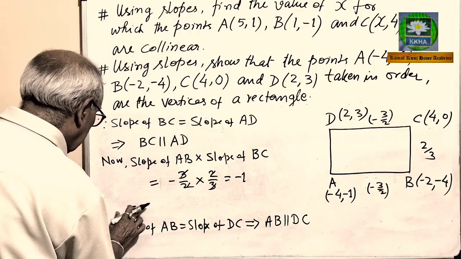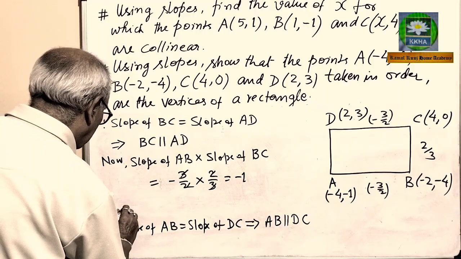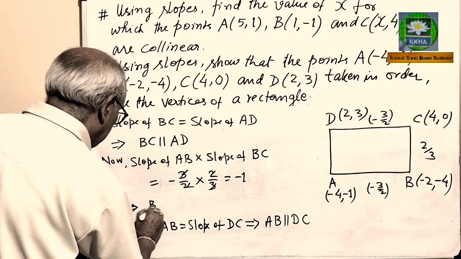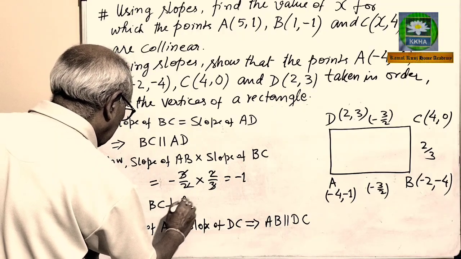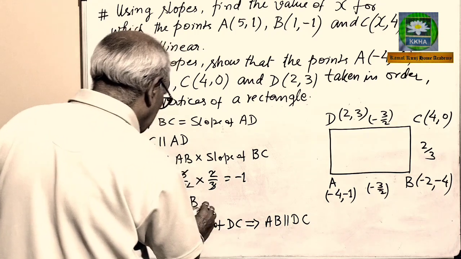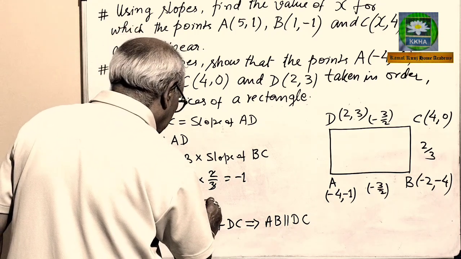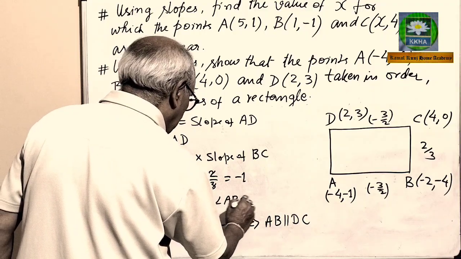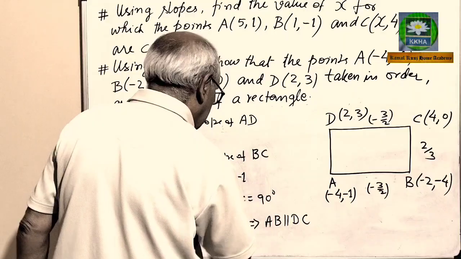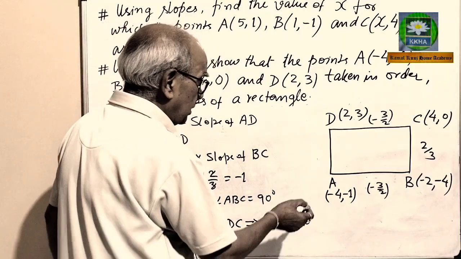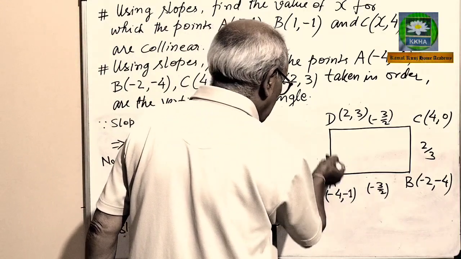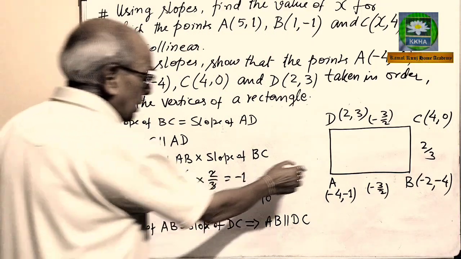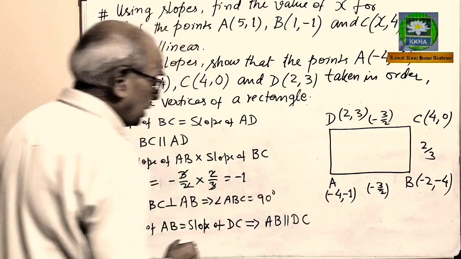This implies that BC is perpendicular to AB, so that angle ABC is 90 degrees. Here also minus 3/2 and 2/3, the product of the slopes is minus 1, so this is also perpendicular to AB.